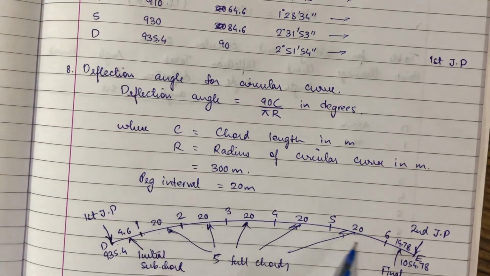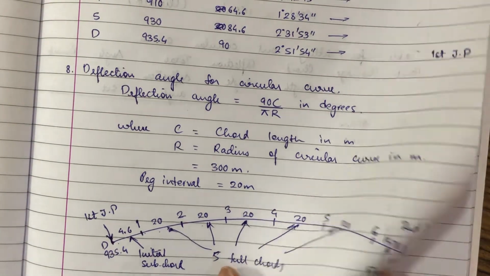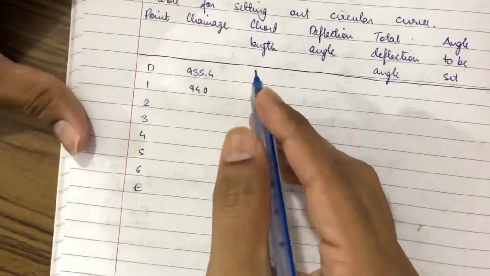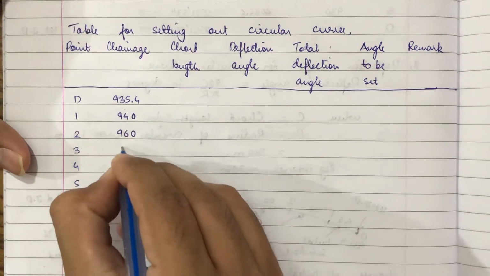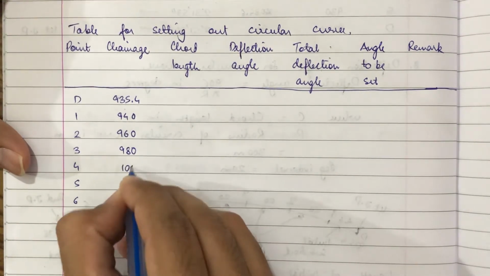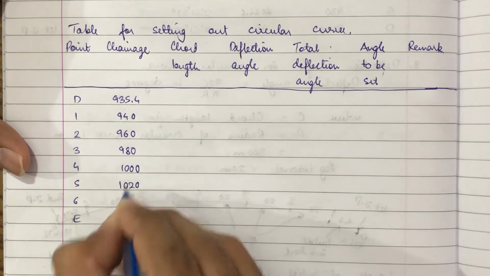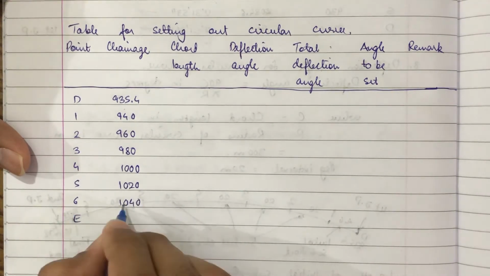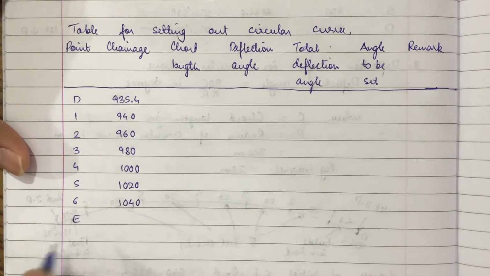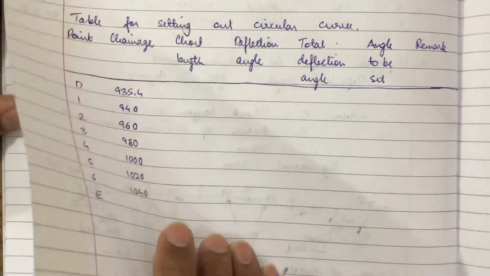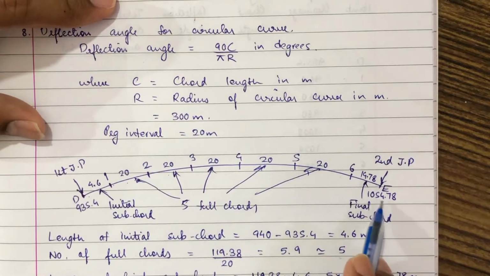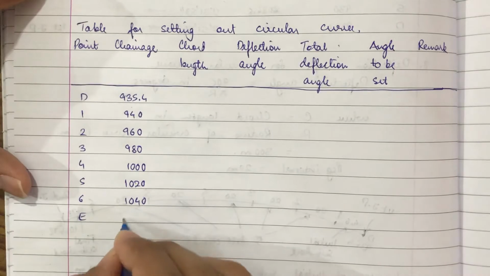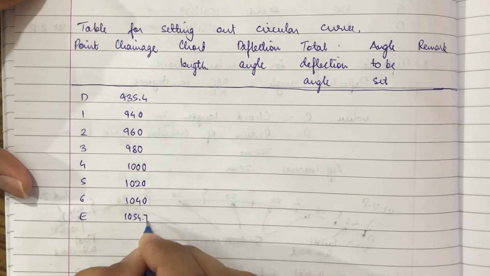All values have to be increased by 20 till point 6. So this will be 980, 1000, 1020, and 1040. Till point 6, it is 1040. And the chainage of point E is given as 1054.78.